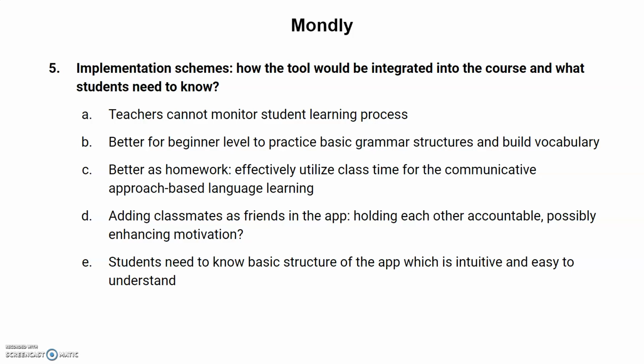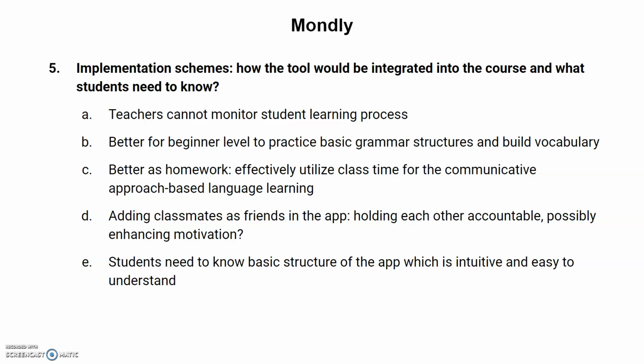And because there is a little bit of a social function, such as adding other users and seeing how many points they got, perhaps adding classmates as friends in the app could hold each other accountable and possibly enhance motivation, by comparing your points with theirs, and also the time you spend learning language versus the time your peers spend.